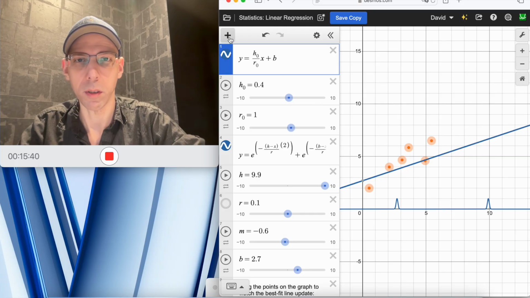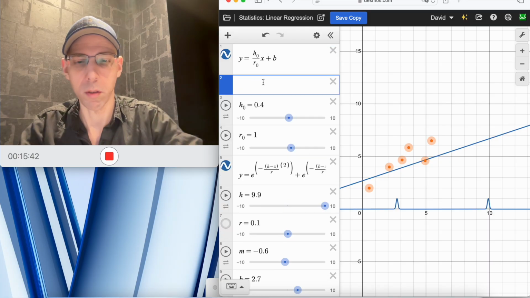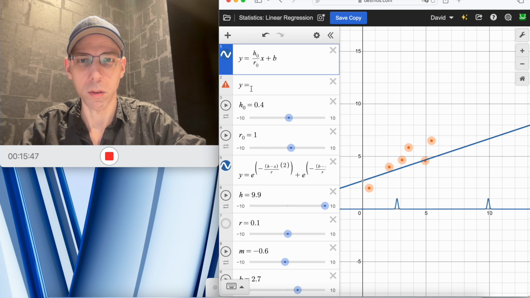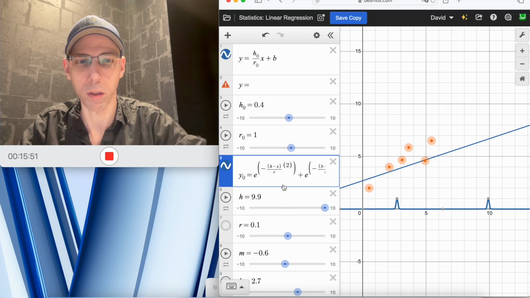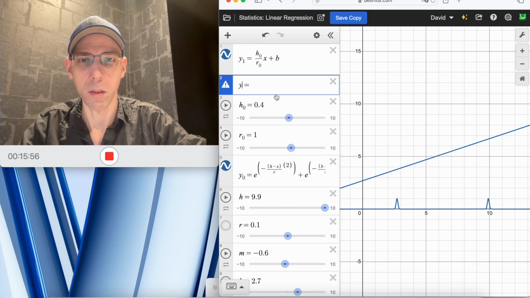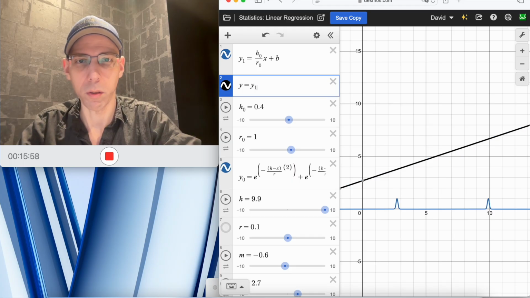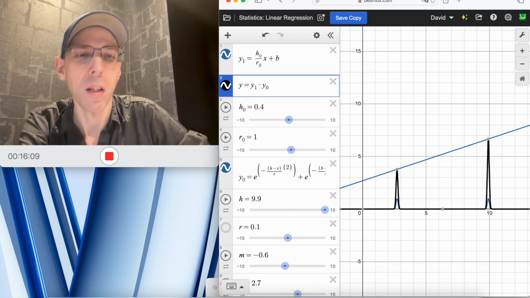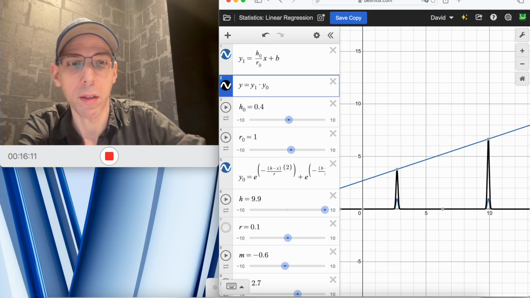So here we do an expression. y is equal to, oh yeah, I have to say that this is y0, and this is y1. So this y is going to be y1 times y0. There you go. Basis functions, building blocks.